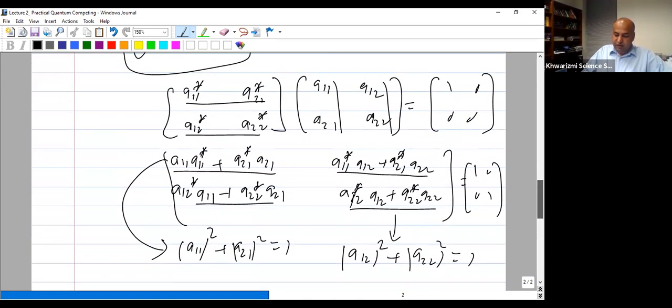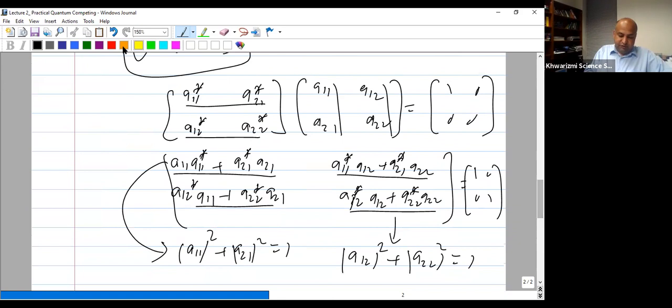So whenever we write this unitary matrix to write our gate U, we have to make sure that the absolute squares of the columns add to 1. So A11 mod square plus A21 mod square is 1. A12 mod square plus A22 mod square is 1.